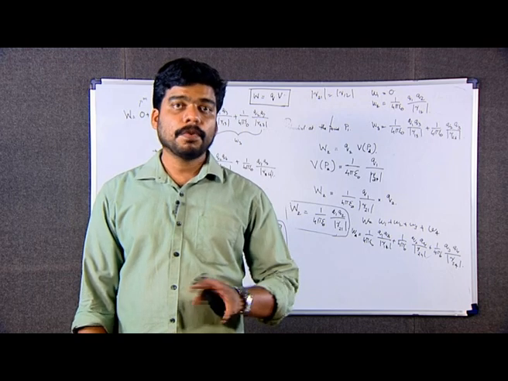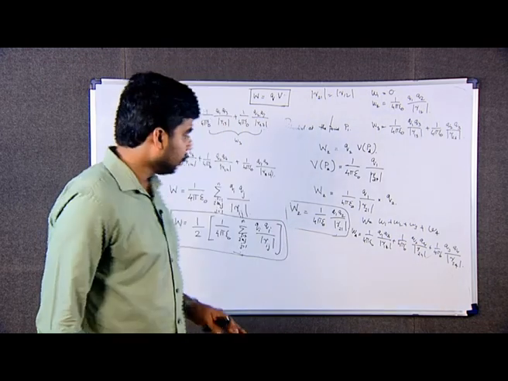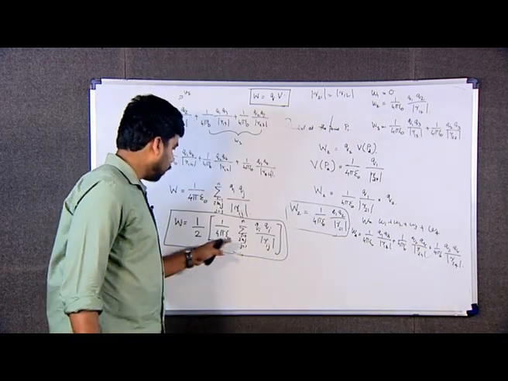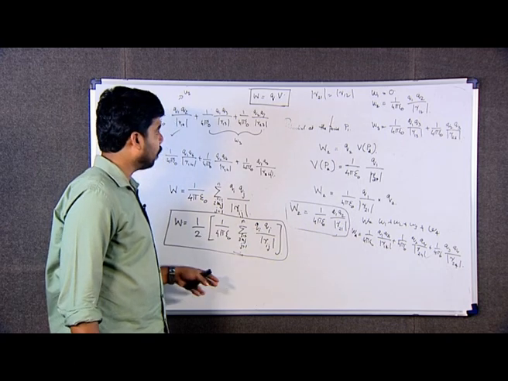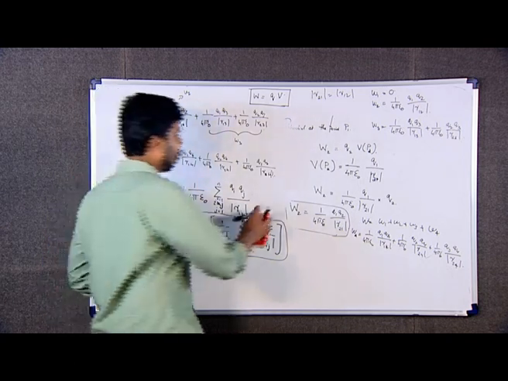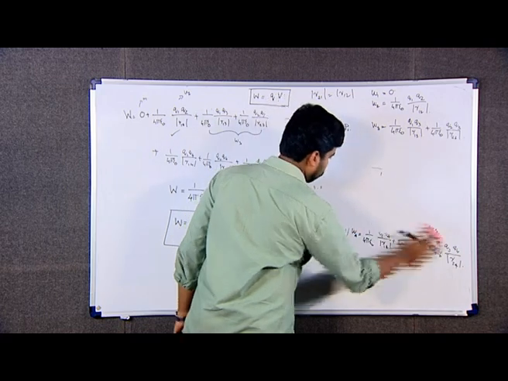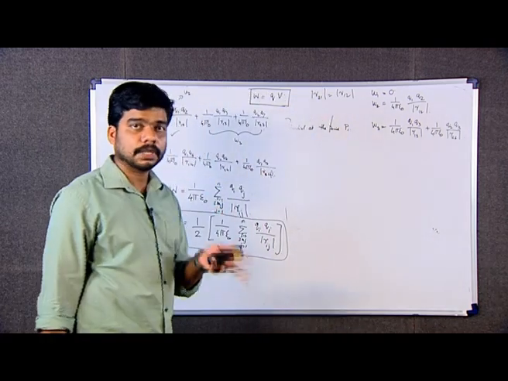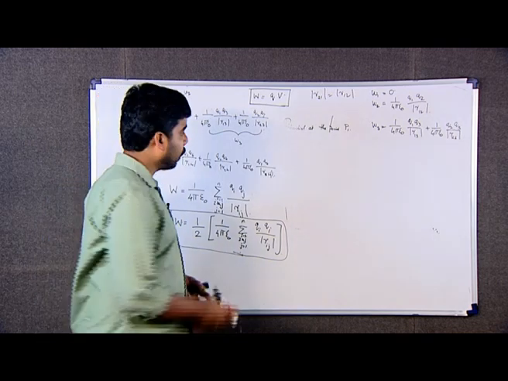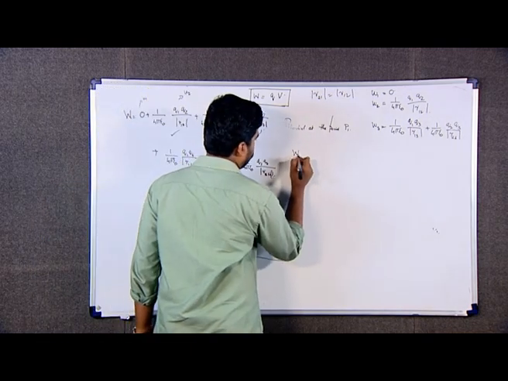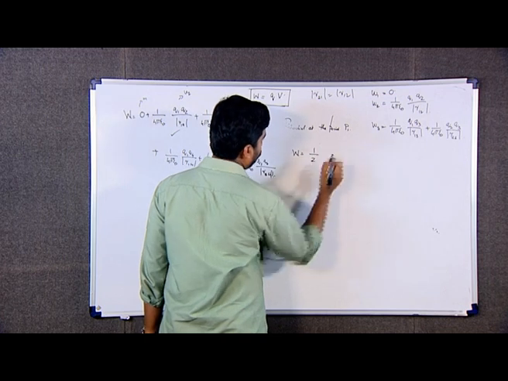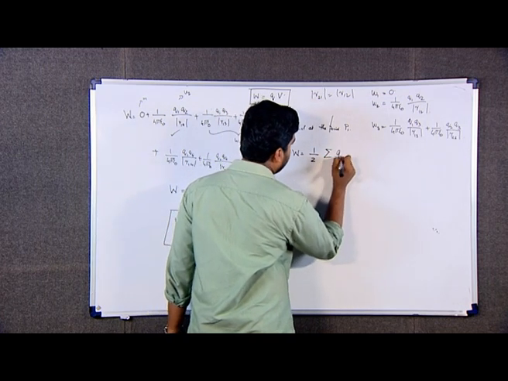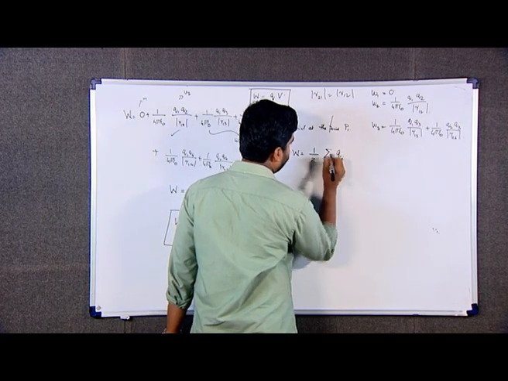So, if you want to remove that, you can neatly write this equation again in a symmetric form, or if you want to derive any other equation or concept for the continuous charge distribution, you can write it like this also: W is equal to half into sigma q i, where i runs from 1 to n.